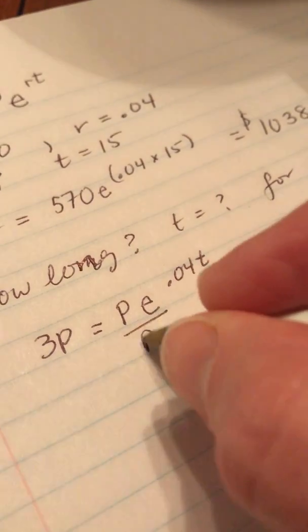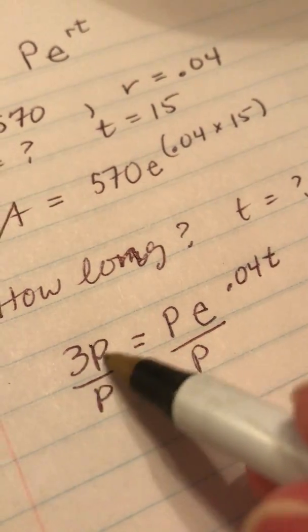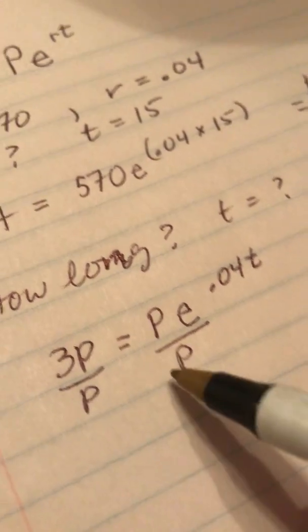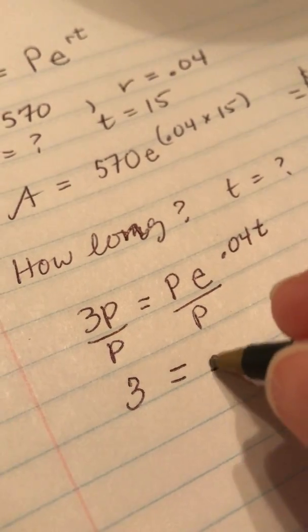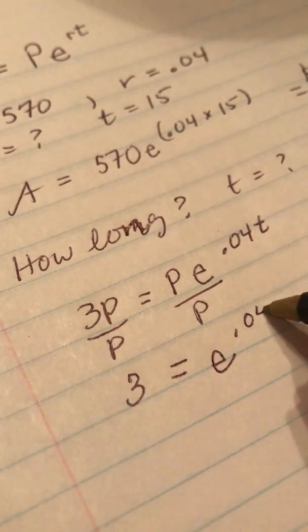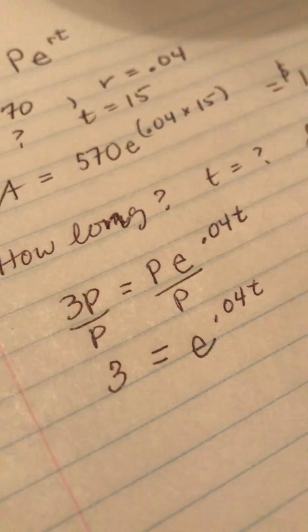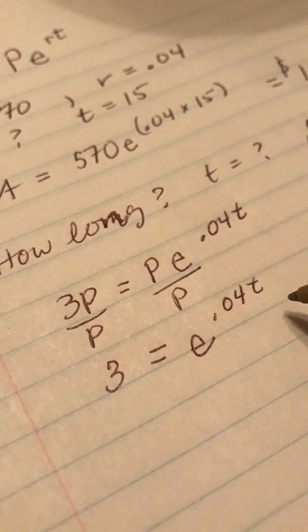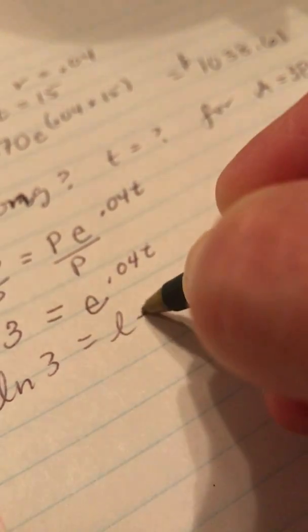So first thing we do is divide both sides by P. Now I could have put in the 570 for P, but then this would be 3 times 570, and we'd be dividing both sides by 570, and it would come out the same way. It turns out it doesn't even matter for this kind of situation what the initial amount is. To find out how long any amount takes to triple still reduces to this equation. Then you take ln of both sides to undo the exponential.